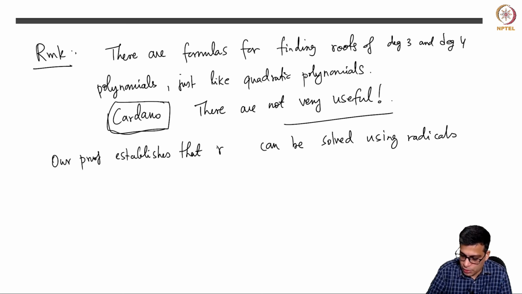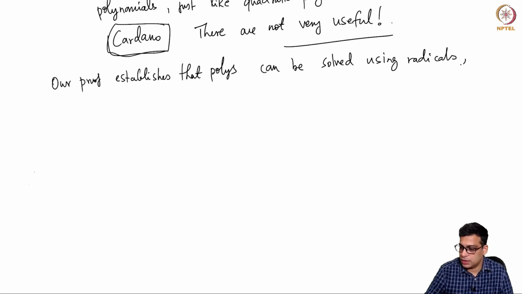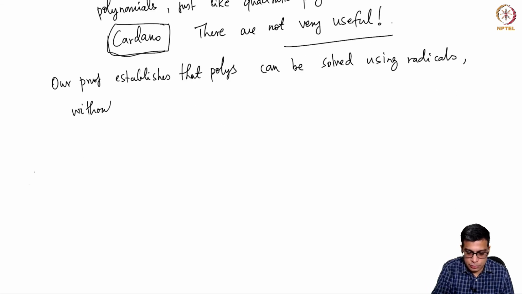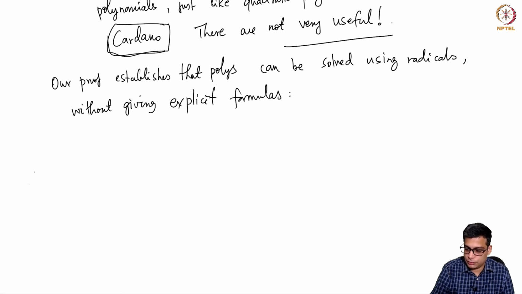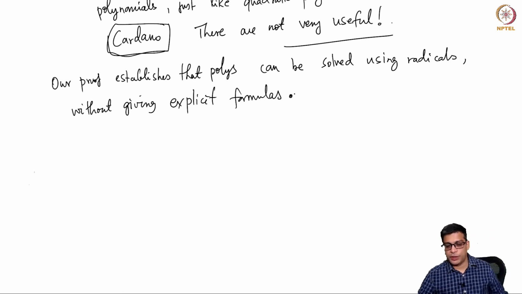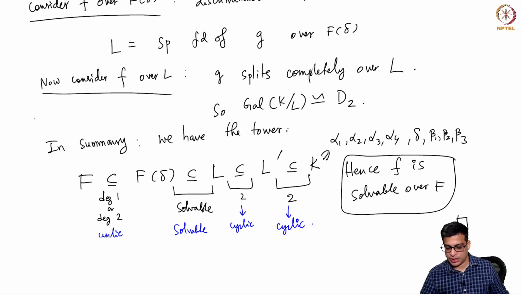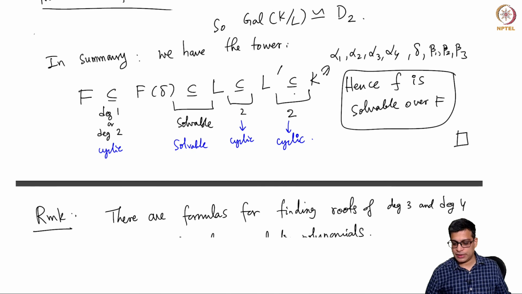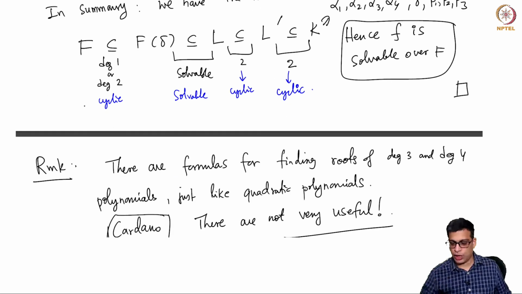So rather, polynomials can be solved using radicals without giving explicit formulas. Okay, so we don't necessarily give explicit formulas because that's not clear, right? We are conceptually saying that all the roots are in a field, and there is a tower starting with that field, ending with the base field, where each of them is a cyclic extension.